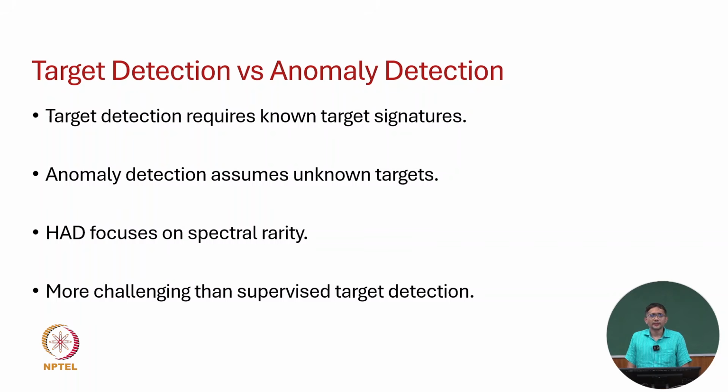Whereas anomaly detection assumes unknown targets. Thus, it focuses on spectral rarity.